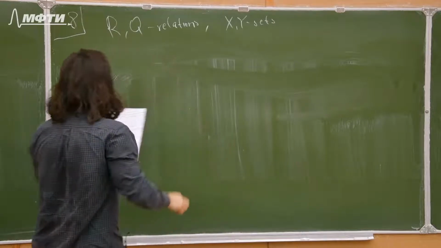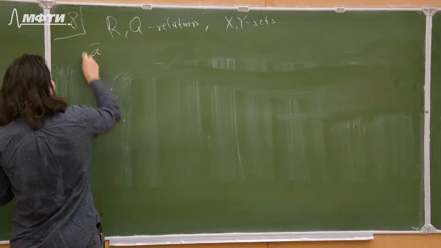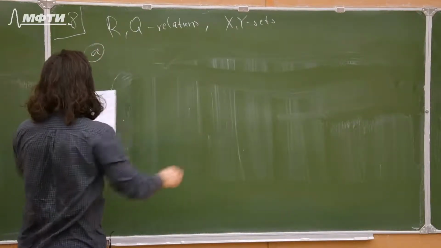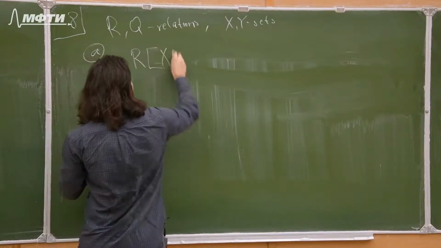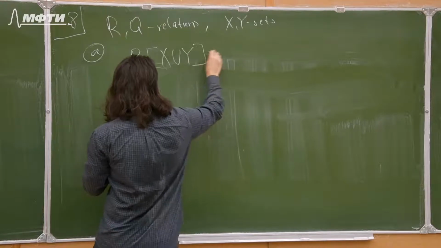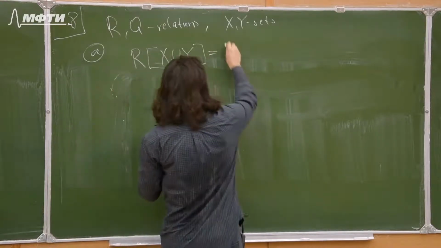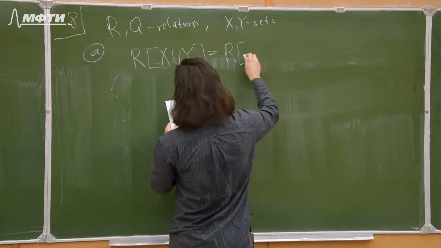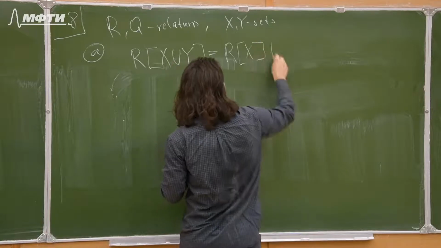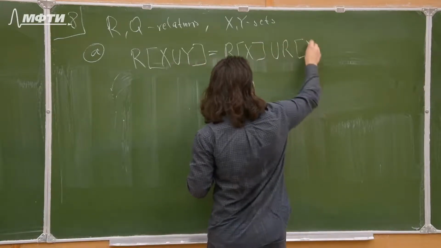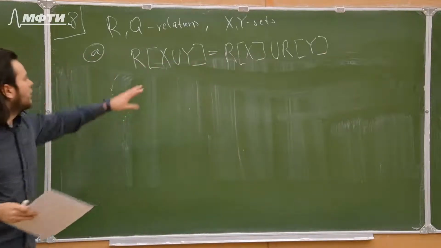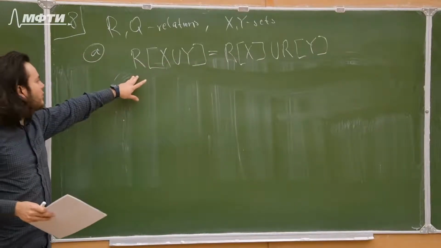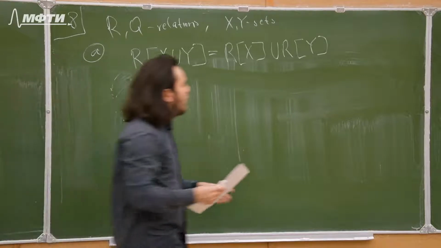And we have to prove, so this is A, that the image of X union Y is equal to the union of the image of X and the image of Y, right? But I believe that I did not write the definition of R here.